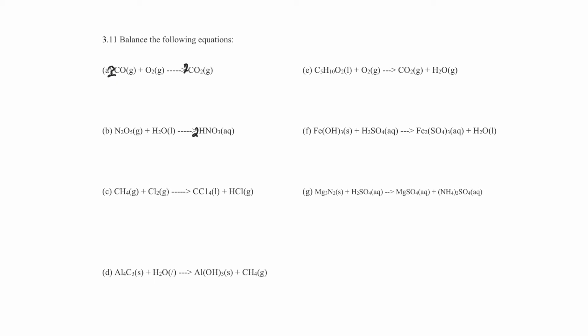Chlorine, I'm going to have 2 on the left, and I'm going to have 5 on the right. Now this reminds me of the odd even thing. Since I have Cl2 on the left, I need to make sure my chlorines are always even. Now the CCl4 is even, but the HCl is not. So I'm going to come over here and double it.